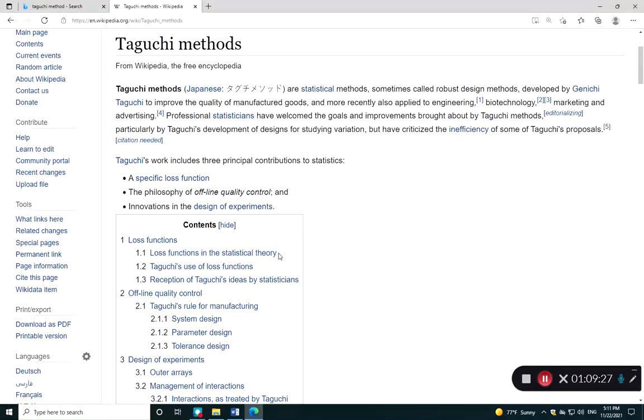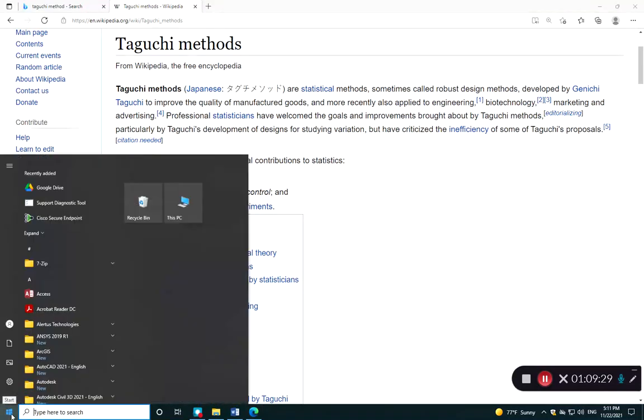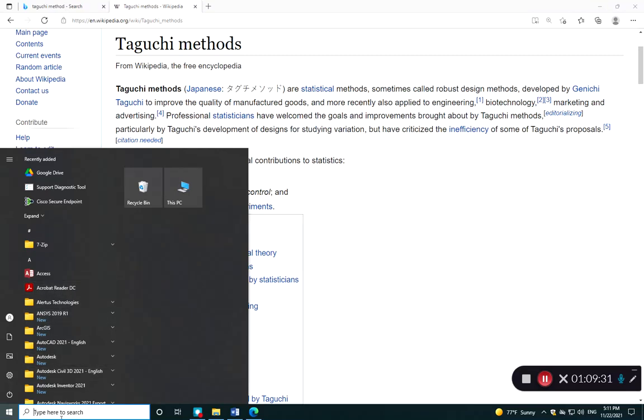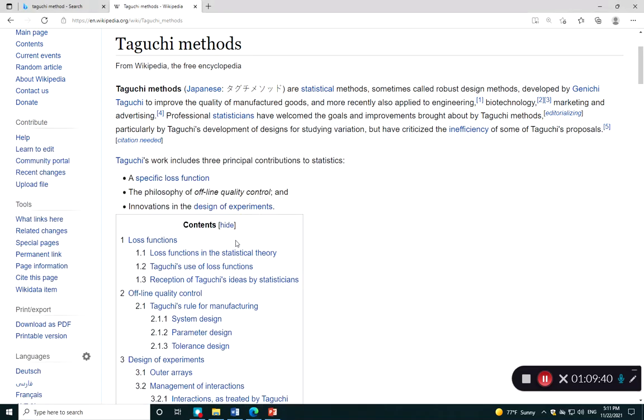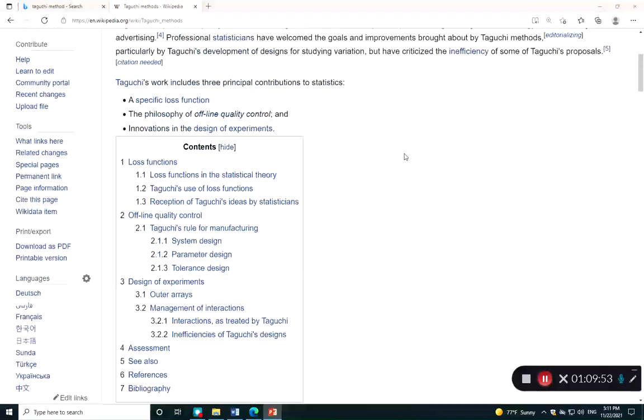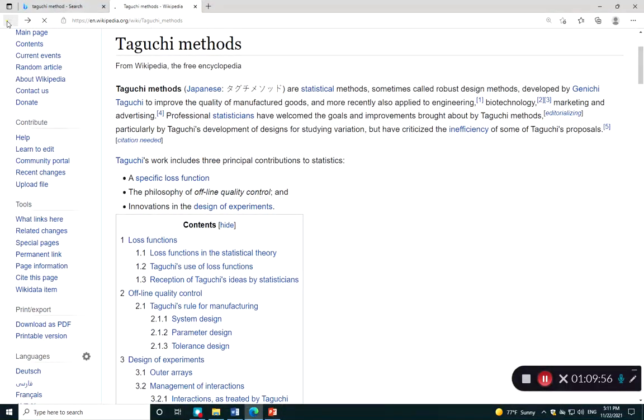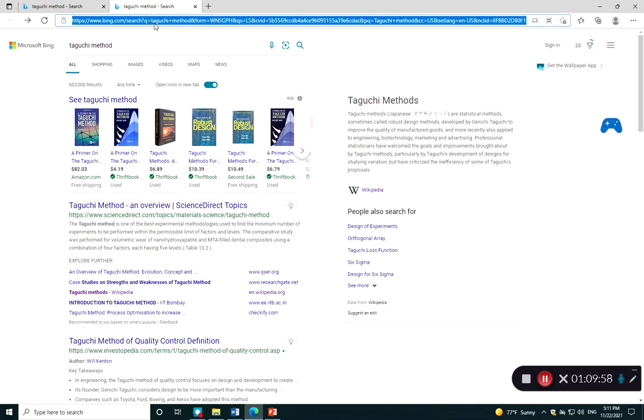Now, I think I drew it last time. I just want to do it again. In quality control, it's the robustness.